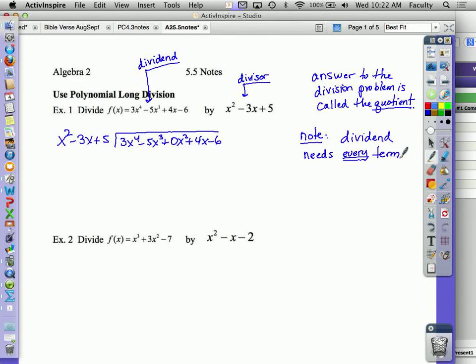So it's not true of the divisor, okay? It's not true of the divisor, and it's not true of the quotient. But the dividend needs every term. So did you notice in 3x to the 4th minus 5x cubed plus 4x minus 6, there was no x squared. So we need to insert when there's a missing term.